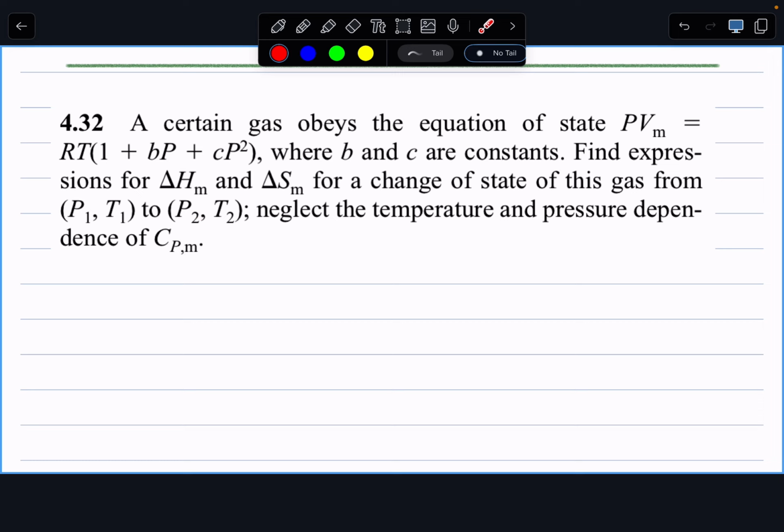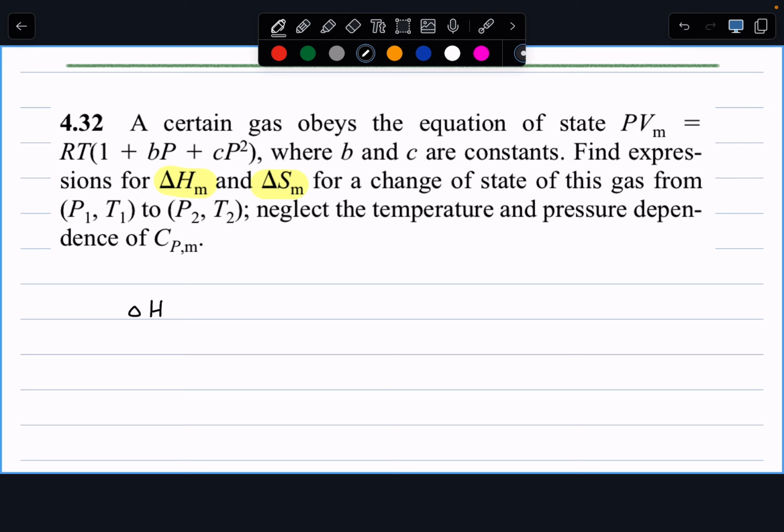For these kinds of questions, first things first, I like to write out what I already know. So we read it, and the question is asking for the change of my state functions, enthalpy and entropy. Well, we went over that earlier today.